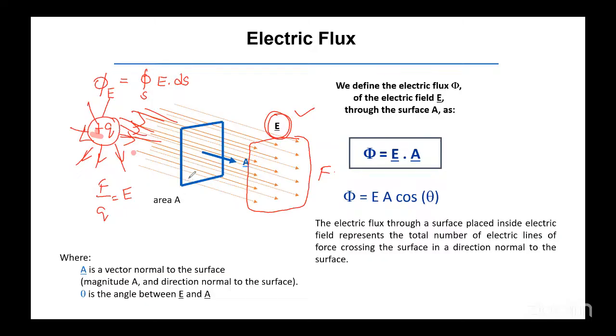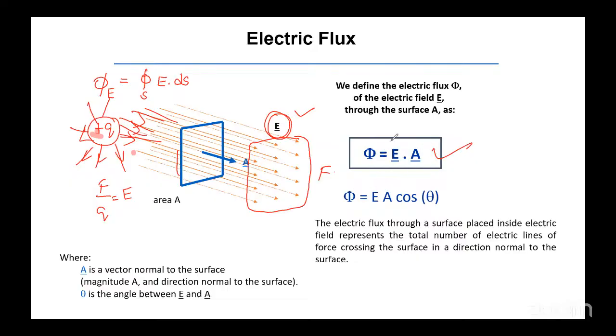So we define electric flux as follows: the electric flux through a surface placed here, inside the electric field, is the total number of electric lines of force crossing the surface in a direction normal to the surface. That is nothing but the electric flux.